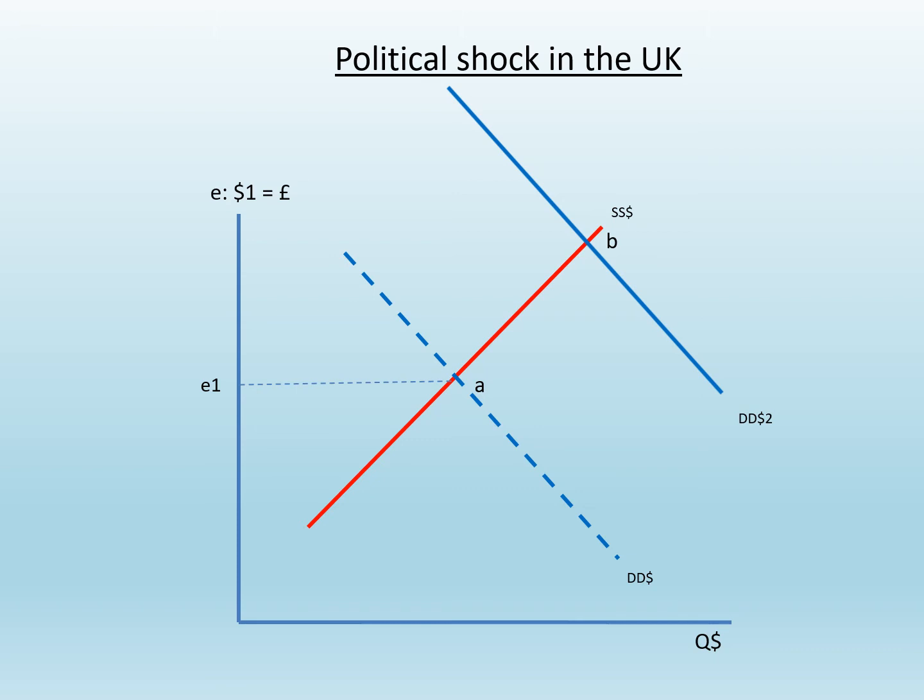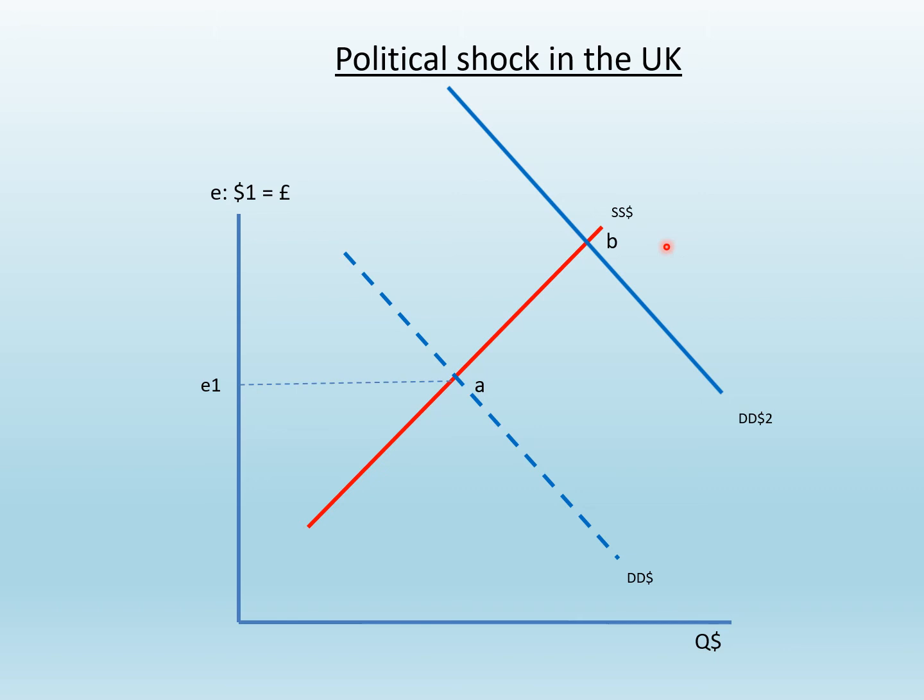A big capital outflow is seen as an increased demand for dollars. People who are in the UK sitting in pounds, they want to get their pounds out of the UK. They have to convert from pounds into dollars. They have to demand dollars. So the consequence of a Brexit change is that the pound would depreciate from A to B.